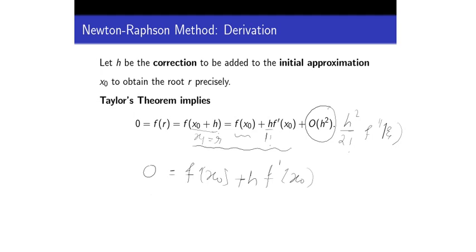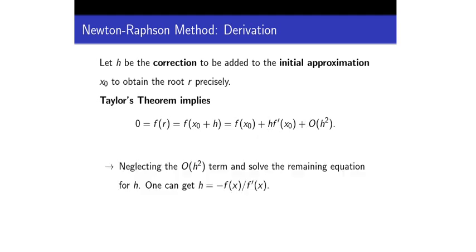From here you get the correction term, h equals minus f of x0 divided by f dash of x0. So your new approximation of r, or x1, equals x0 plus h, that is x0 minus f of x0 divided by f dash at x0.